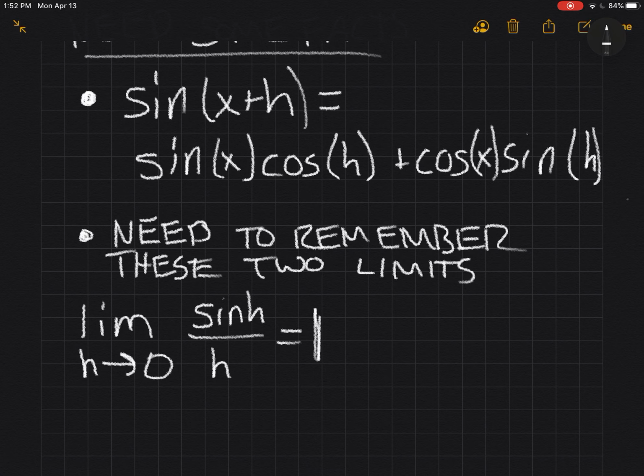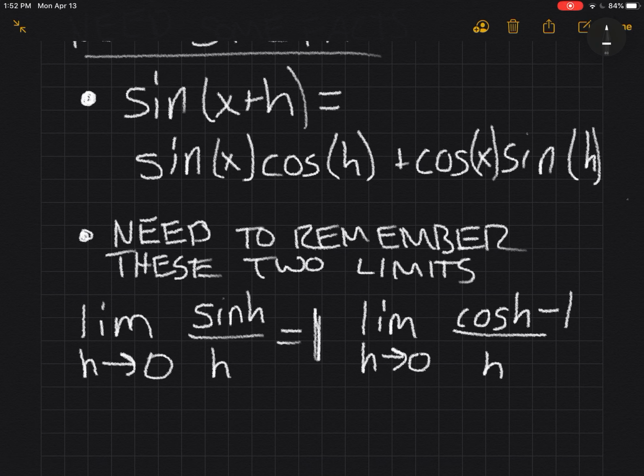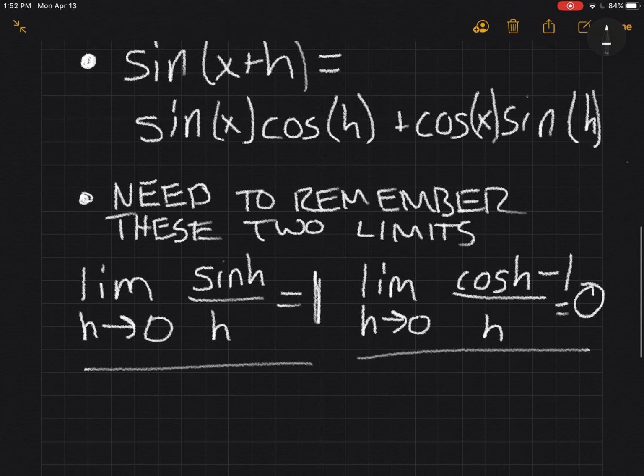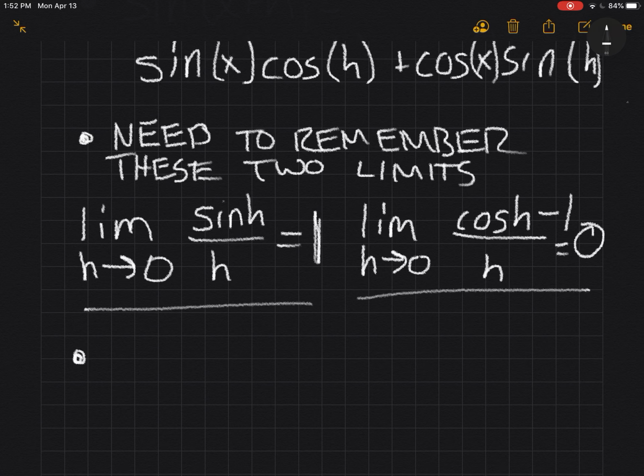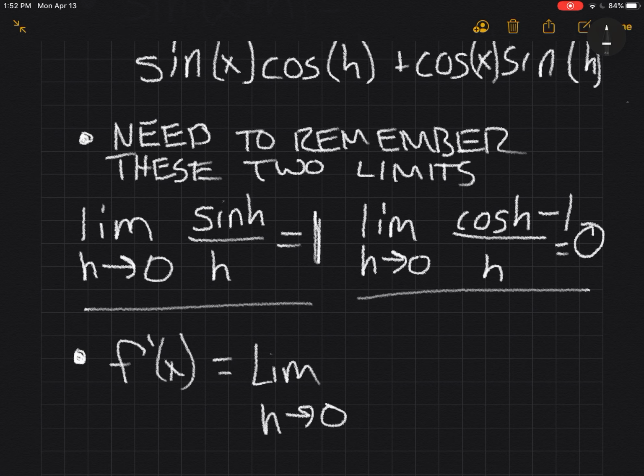So we're going to need to remember that the limit as h approaches 0 of sine h over h is equal to 1. That's the very first limit I had you guys do. Aw, memories. And we're going to need to remember that the limit as h goes to 0 of cosine of h minus 1 divided by h is equal to 0. So we're going to need to remember these two limits.